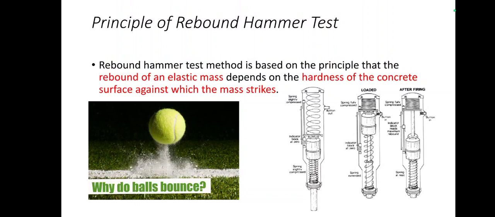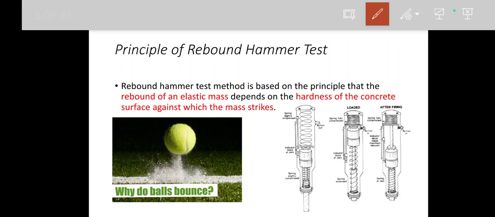In the previous slide we saw the hammer which is attached with springs. Here you can see the plunger is directly connected to the hammer, and springs are placed in front of the hammer as well as at the back. Initially we release the springs, so the hammer comes down and the plunger is projected outside.